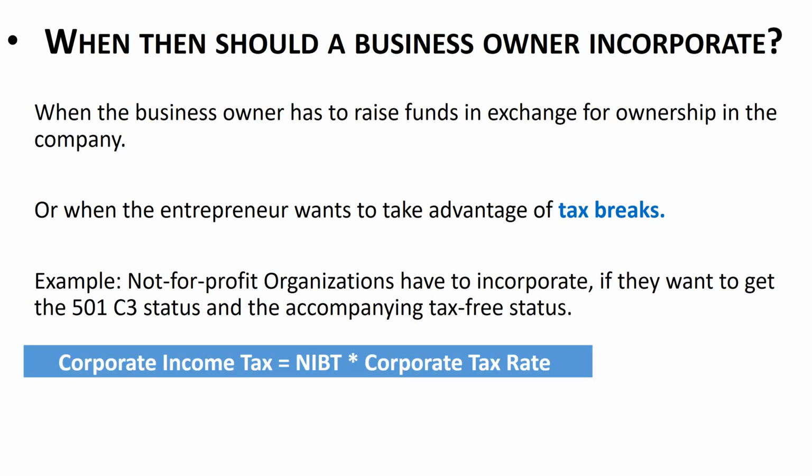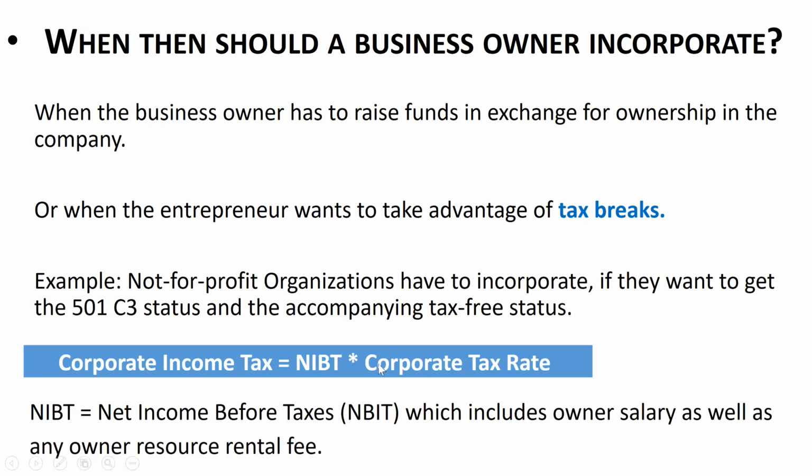Okay, so if you incorporate, then your corporation is separate and there's going to be a corporate income tax. Now that is based on net income before taxes, NIBT. It's kind of the taxable income for individuals, then times your corporate tax rate. Corporate tax rate is one flat rate, and it's not like the low income, middle income, high income.